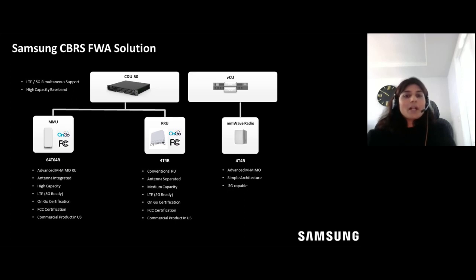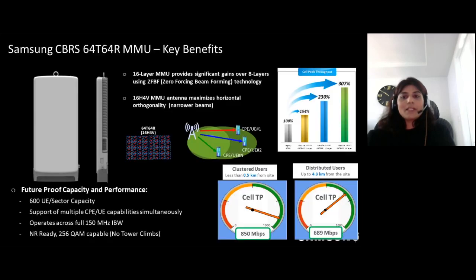Now, I was talking about the capacities of Samsung solution, and now is the time to look at them. Talking about our massive MIMO 64T64R product, which is also a key product for FWA deployments, right? This product supports across 150 megahertz of IBW, operates across the full band of CBRS.